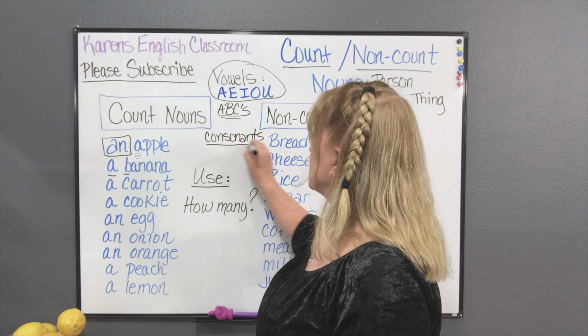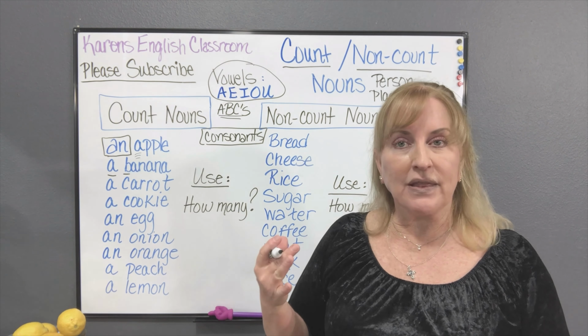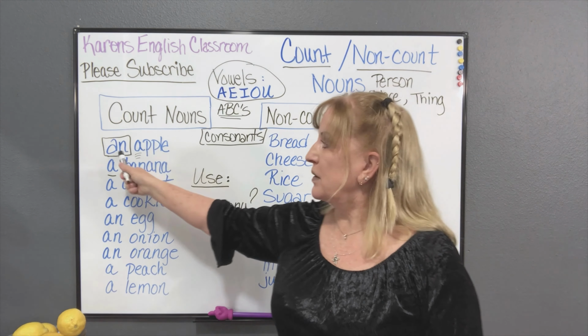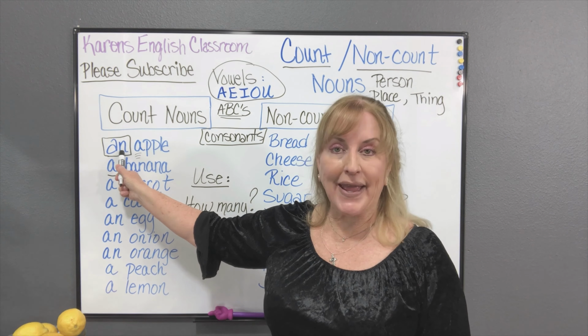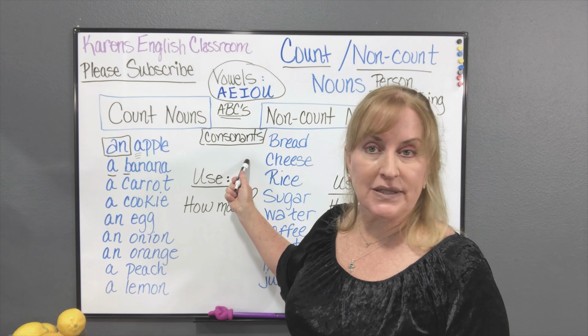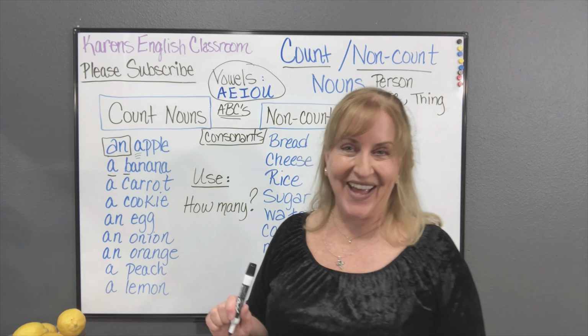So basically, class, if you see the letter A, E, I, O, U, write an. If you don't see it, it's probably a consonant, so then you can put a.